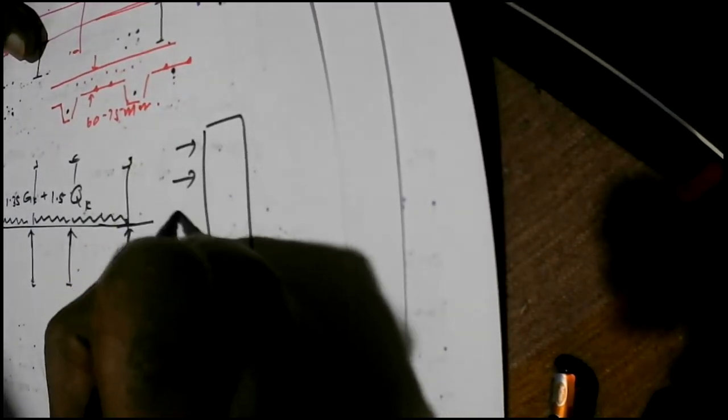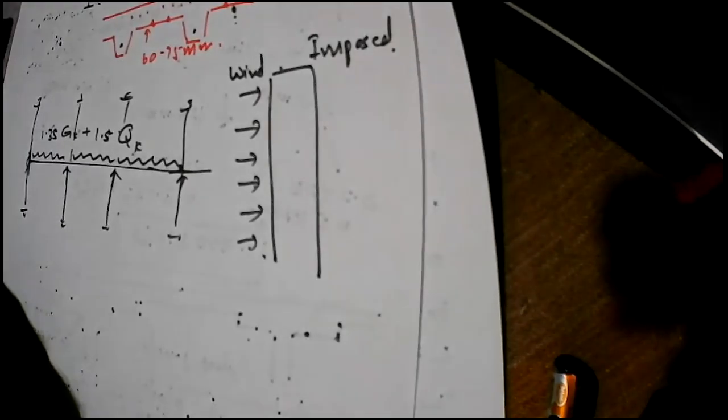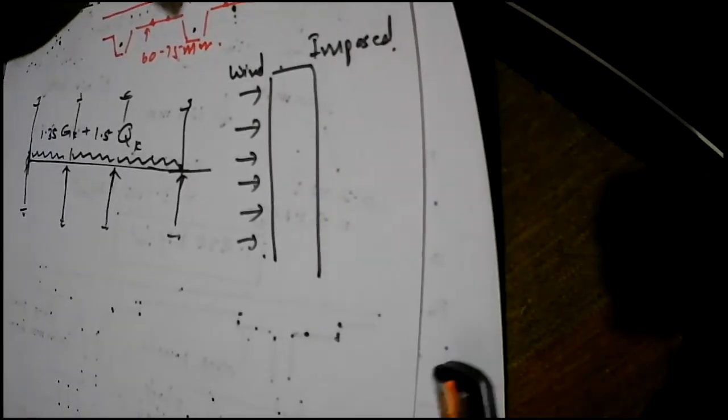But in a tall building, the situation is a little different because we have heavy wind loads also acting. So you have to consider the combination of wind and imposed. So we have to think of how to combine them.